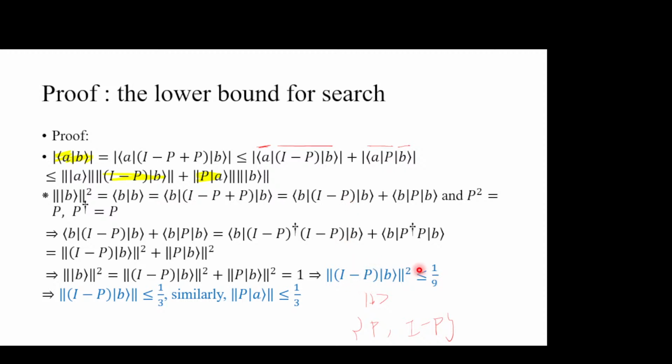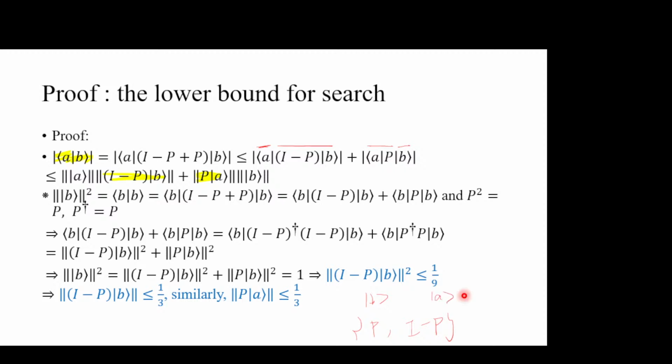Then you just take a square root, and you see that the norm of (1 minus P)B is less than 1/3. Similarly, you have PA.